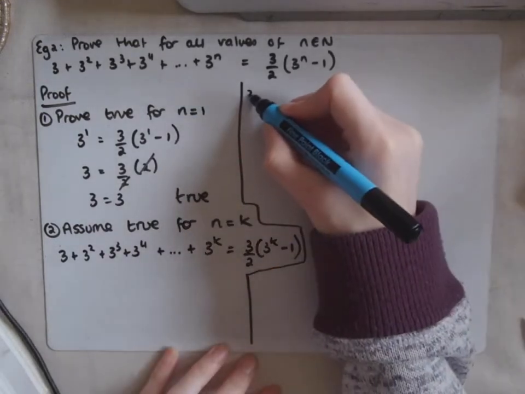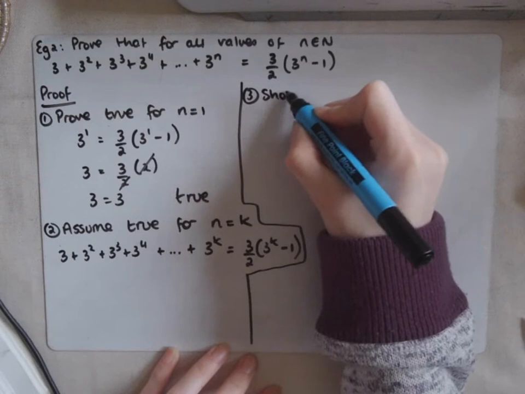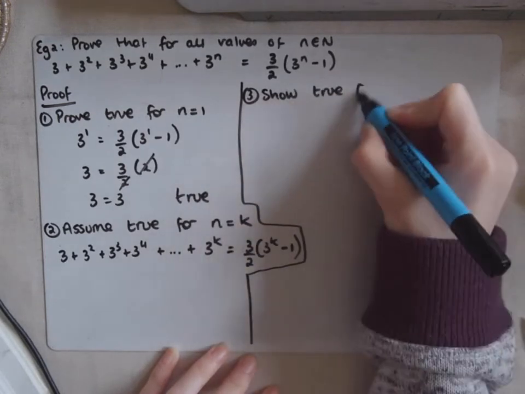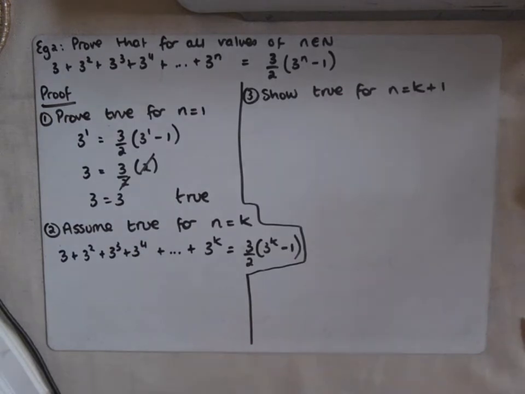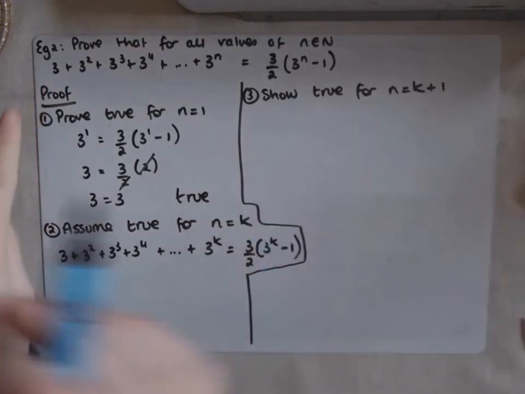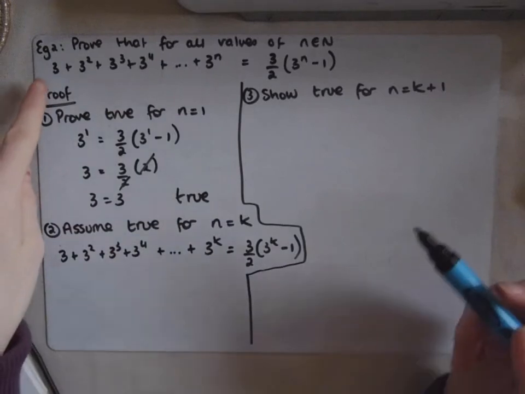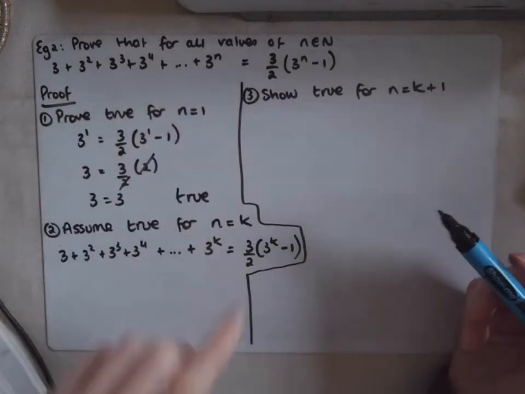Okay, step 3, show true for n is equal to k plus 1. Okay, so what this means is my series is going all the way up here, and then I have a k plus 1.